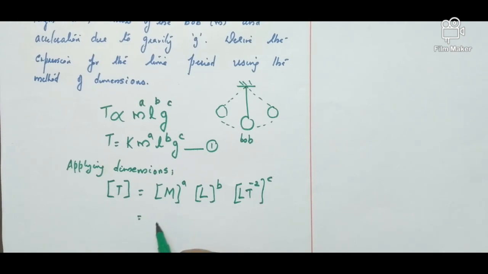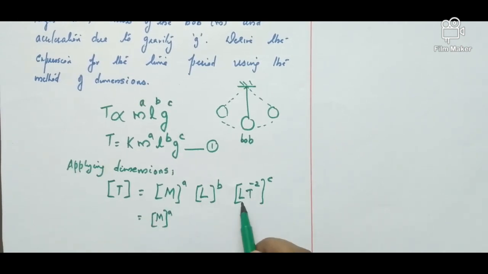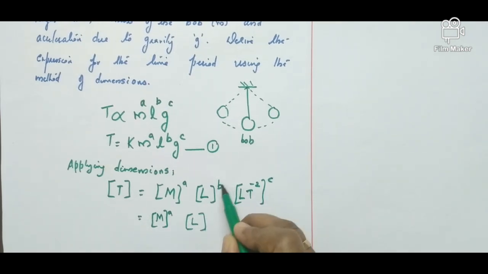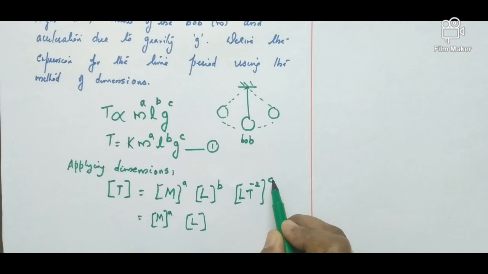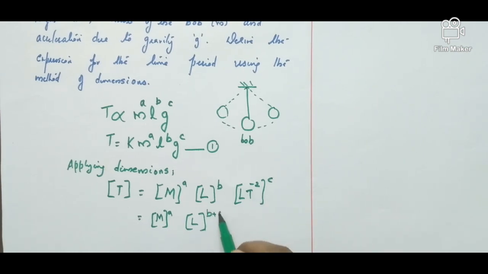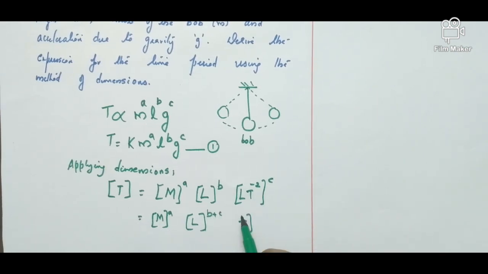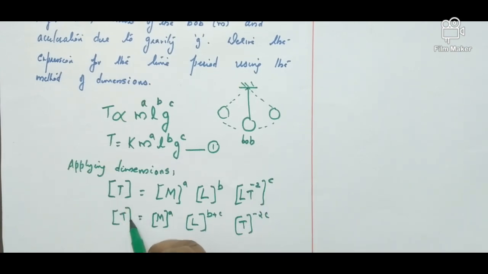Here there is only one mass term, so we write M raised to A. Two length terms are there, so we can write L raised to B plus C. And T raised to minus 2C. The left hand side has no change, T.